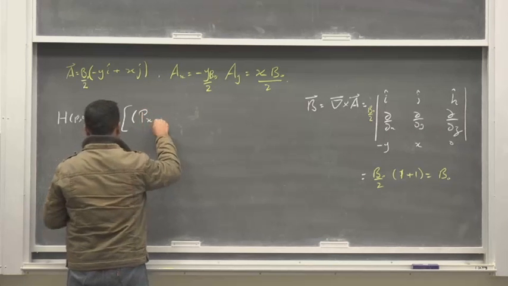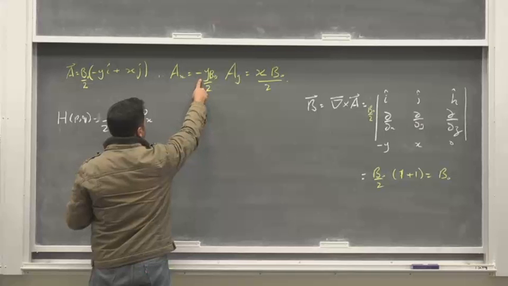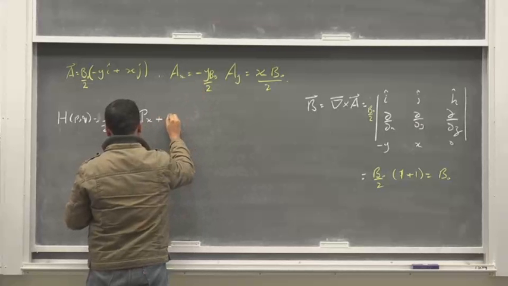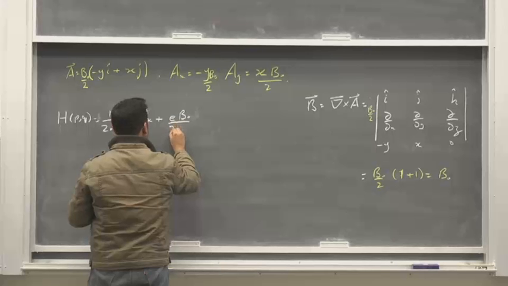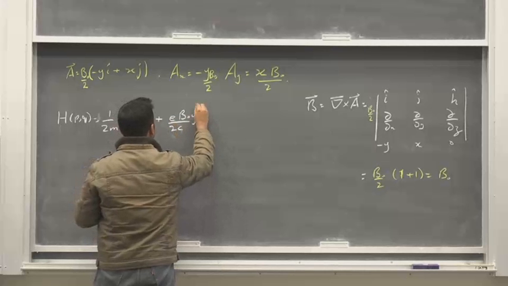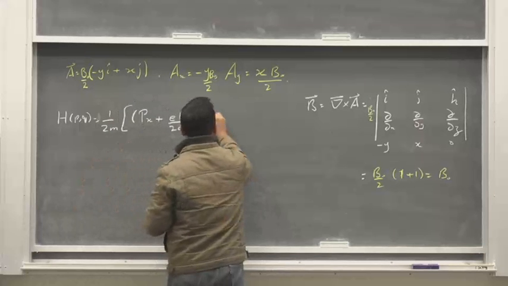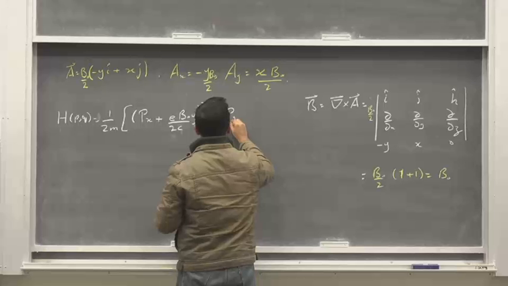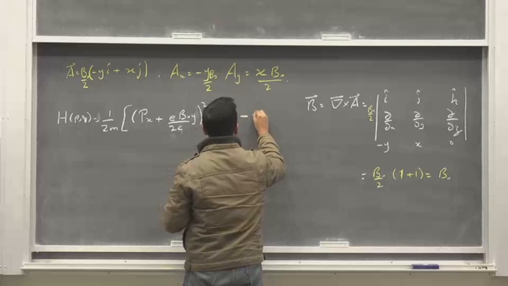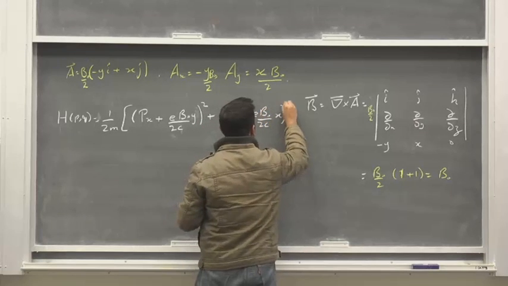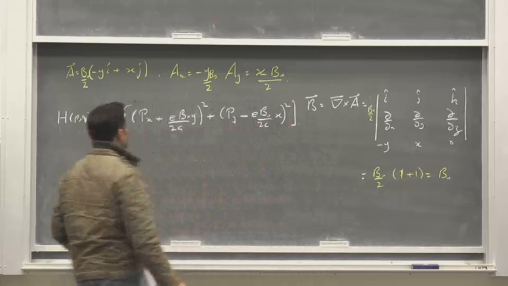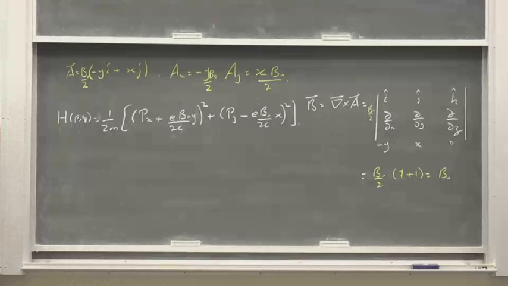So Px minus this guy, but this gives me plus Pb0 over 2c y squared plus Pb0 over 2c x squared. So this is the Hamiltonian.